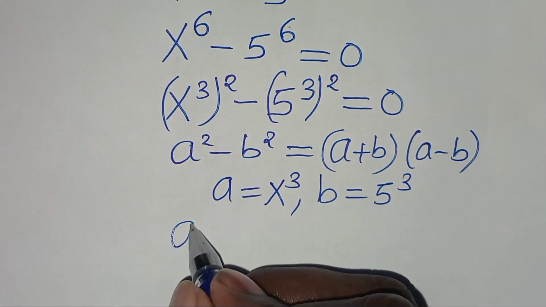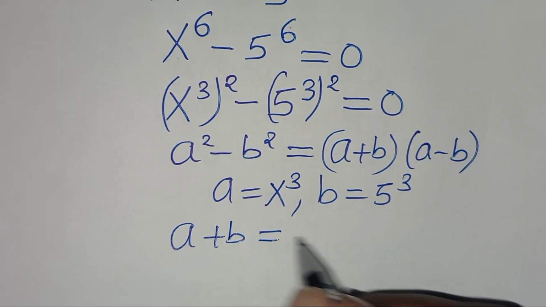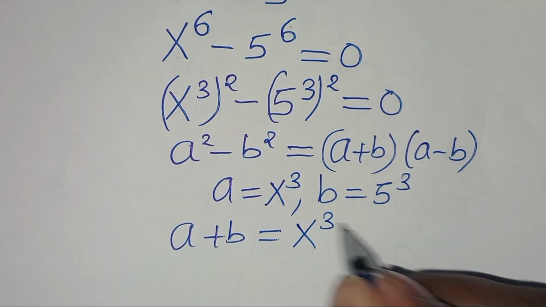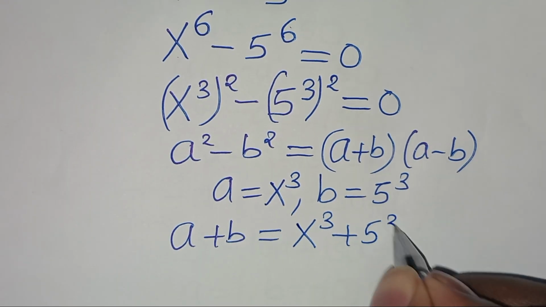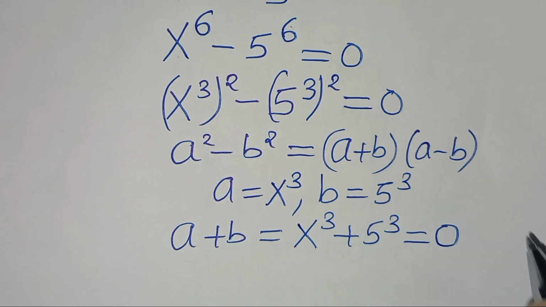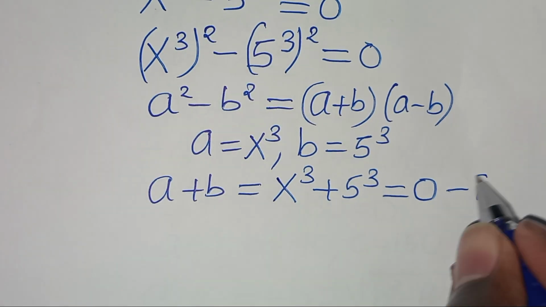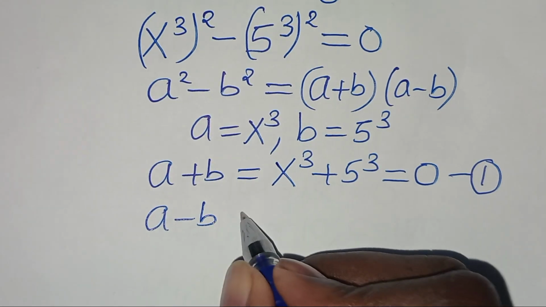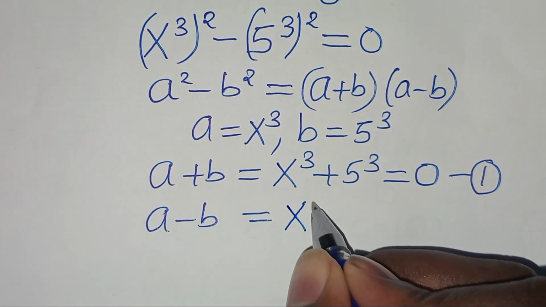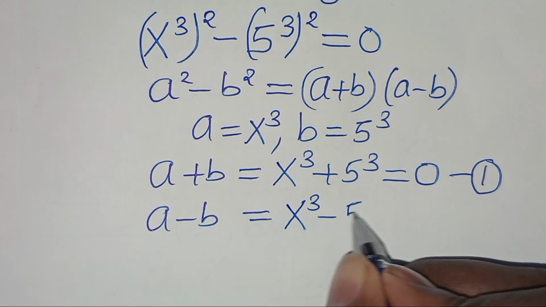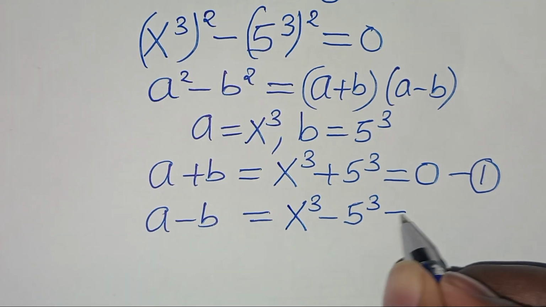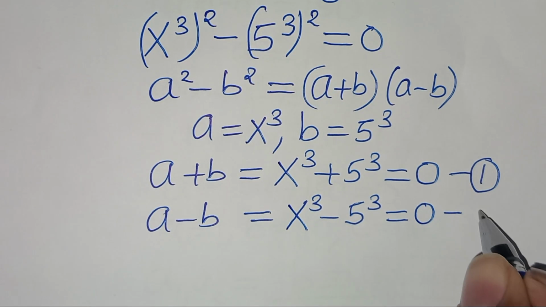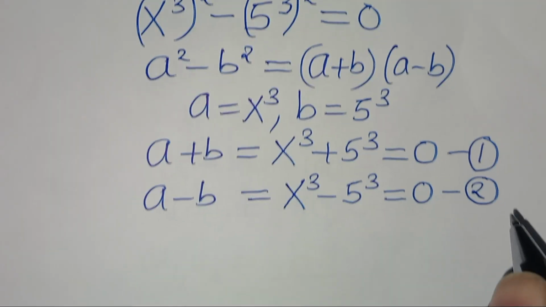This implies that a plus b, which is x to the power 3 plus 5 to the power 3, is equal to 0. Let's call this equation 1. Then a minus b, which is x to the power 3 subtract 5 to the power 3, is equal to 0. Let's call this equation 2.